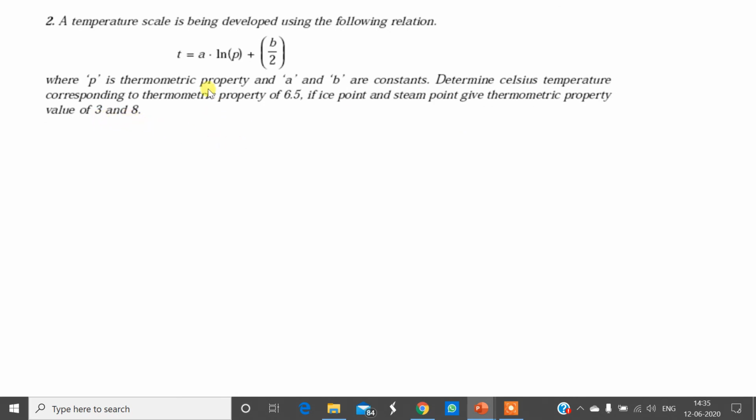We have to calculate the temperature when the value of P is 6.5.